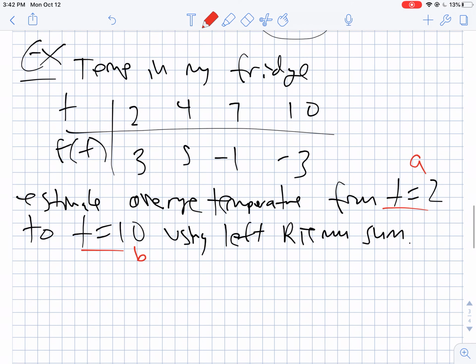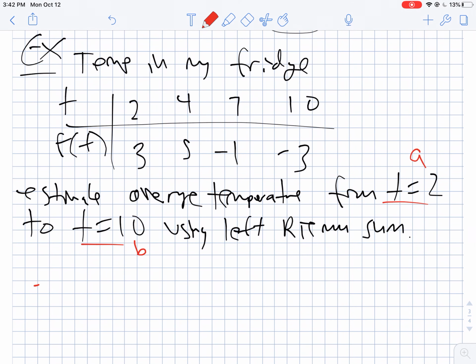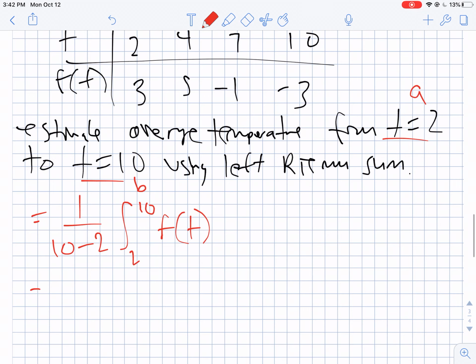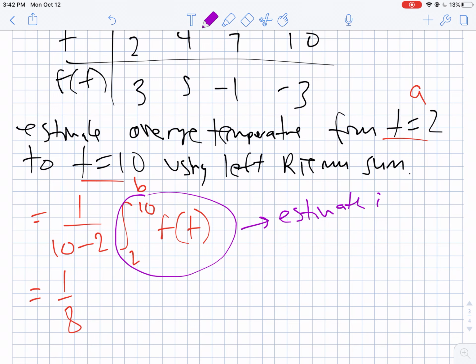So what this is going to turn out to be is 1 over 10 minus 2 times the integral 2 to 10 of this function f of t. So we have a 1/8 in front, but we're going to leave that 1/8 in front, and we're going to estimate this integral using a Riemann sum.